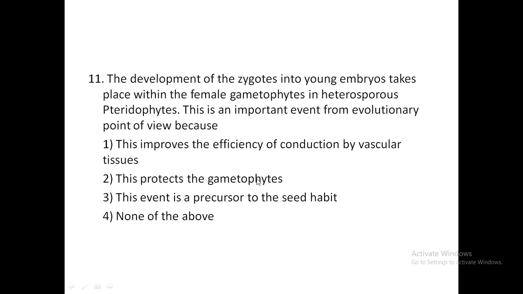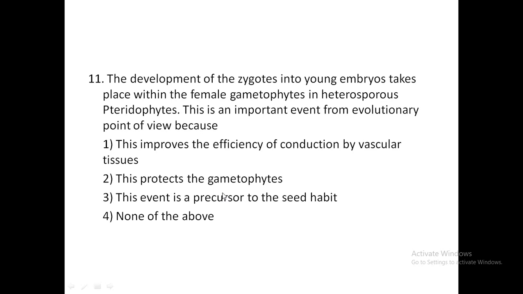This protects the gametophytes. Yes, even though it protects the gametophytes, that's correct, but that is not important from an evolutionary point of view. Now, this event is a precursor to the seed habit. Precursor means this is an important character that led to the development of the seed habit. So this is the correct answer.